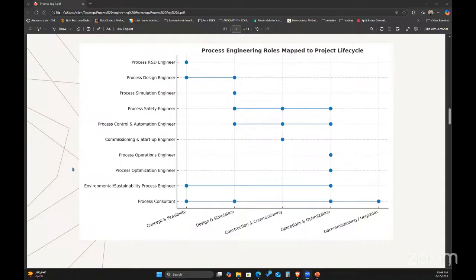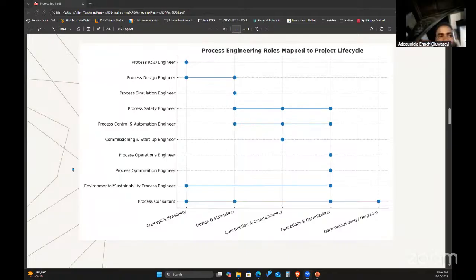For me particularly, I am interested in the process safety engineer, process simulation engineer, and process design engineer. But the most important one to me is the process safety engineer. So how can one actually get to know and practice more of process safety engineering?